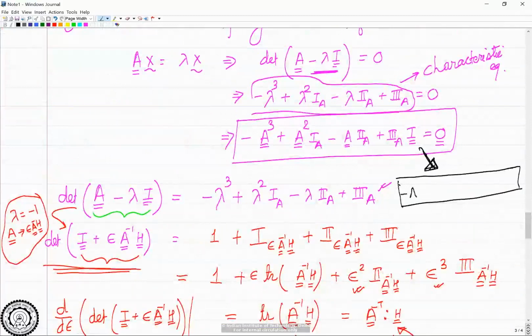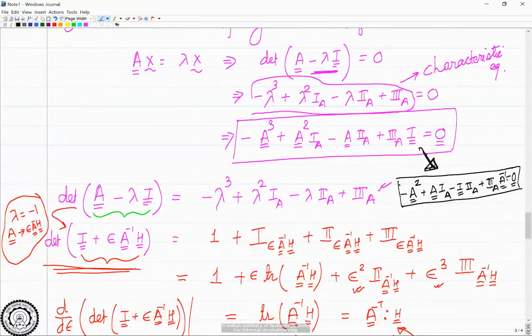So you get minus A square plus A into IA minus identity into 2A plus 3A into A inverse is equal to 0, right?